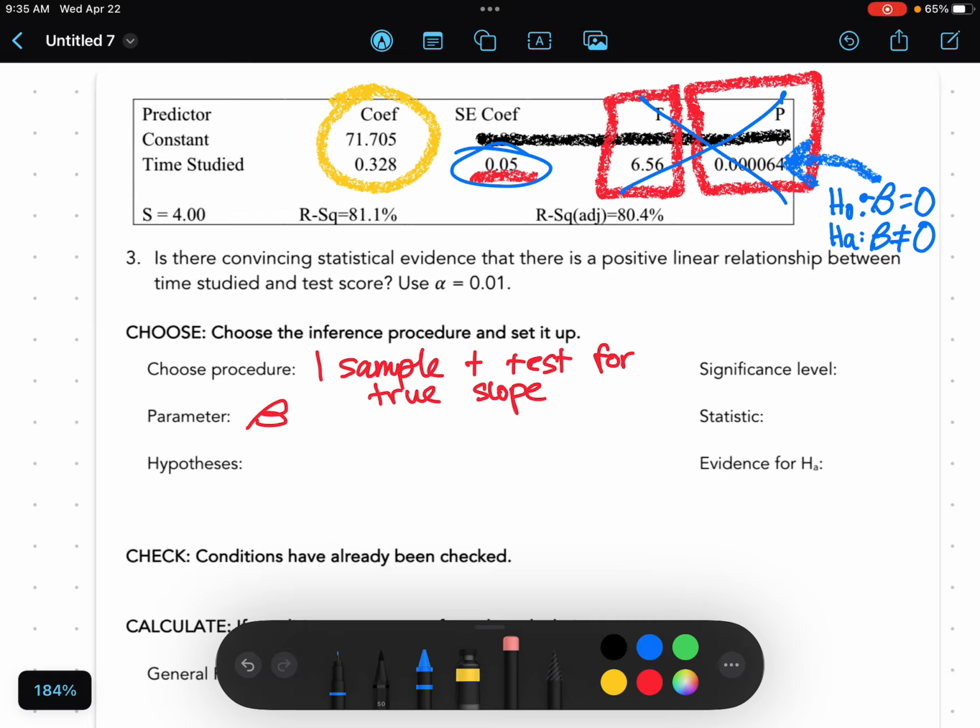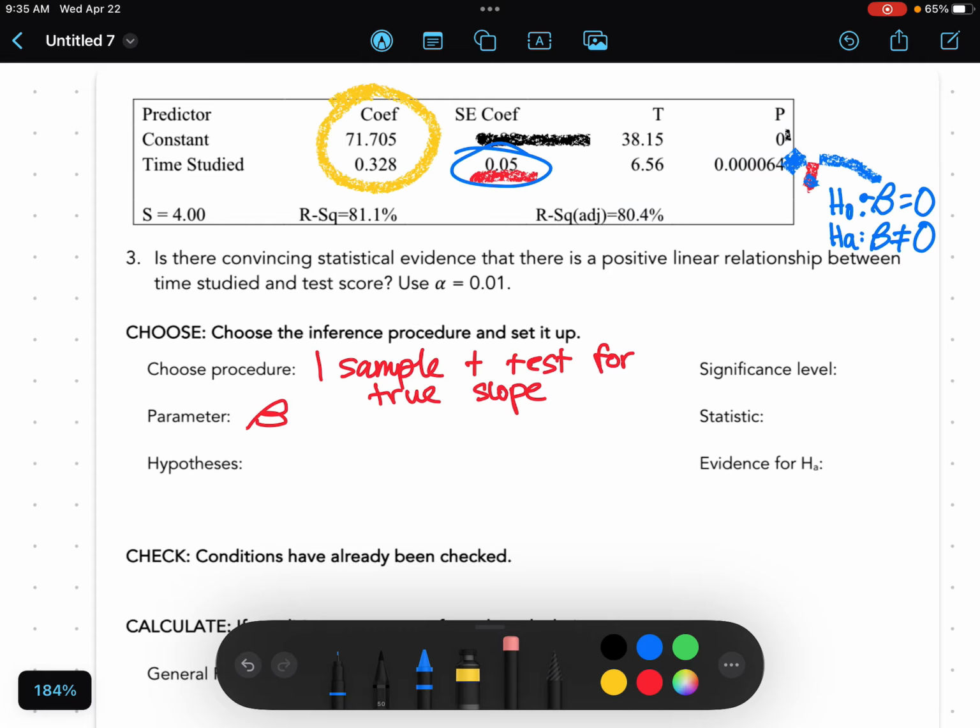But if you are going to use these values, you're going to have to have your hypotheses be exactly this. Our H naught is that beta equals 0, and our alternative hypothesis is that beta is not equal to 0.